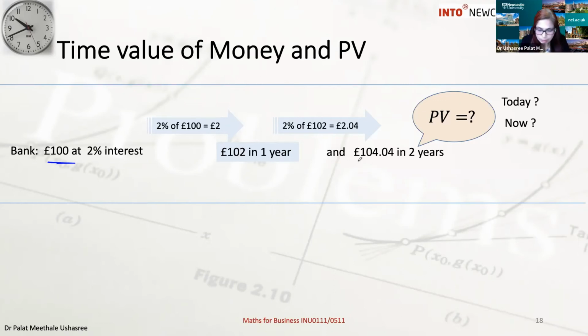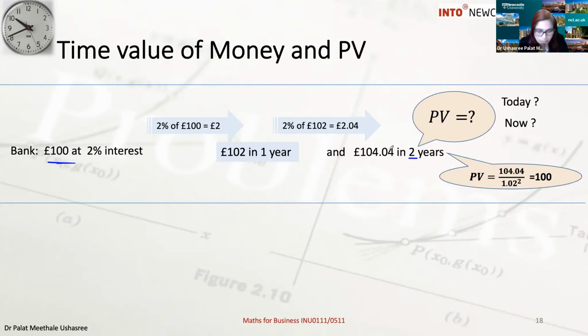So the present value is 100 pounds. What did you do? You divided this new value by the multiplication factor to the power of 2 because it's 2 years, and then you get the present value, 100 pounds. That means the present value is 100 pounds, and this is the amount you should deposit to get 104 pounds, 4 pence in 2 years.